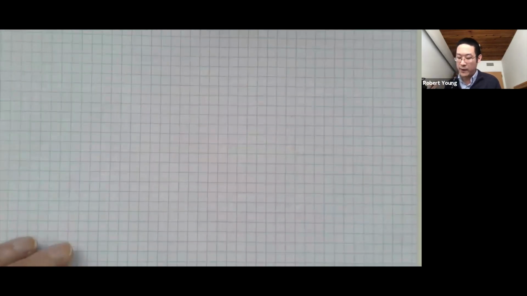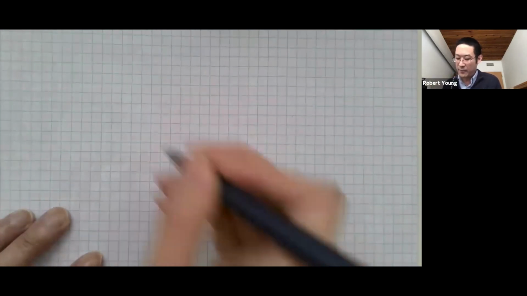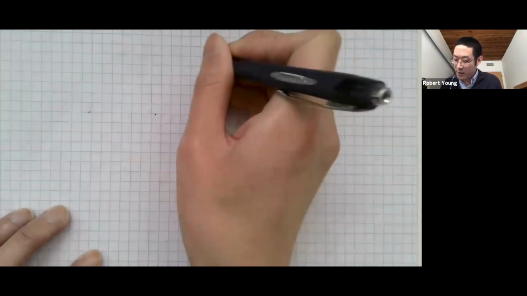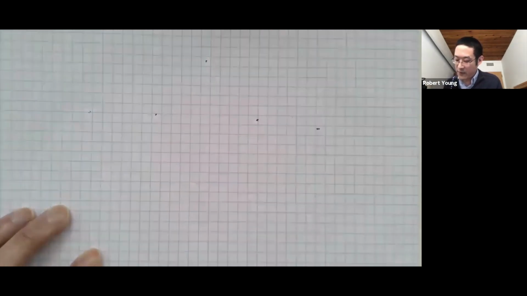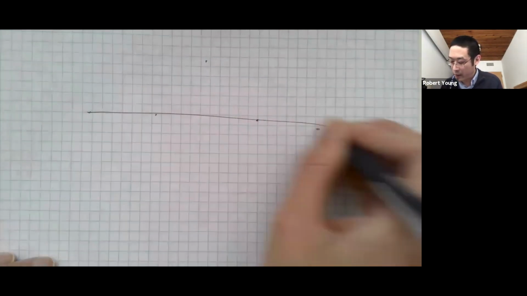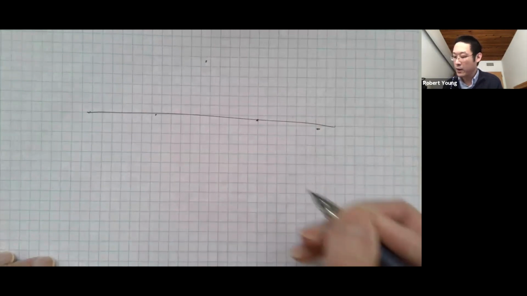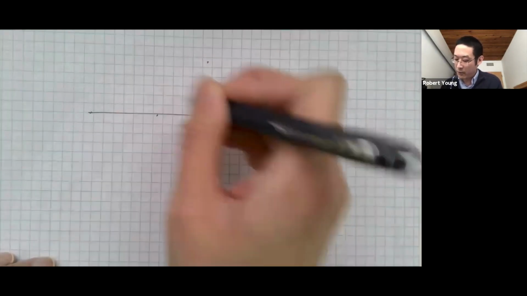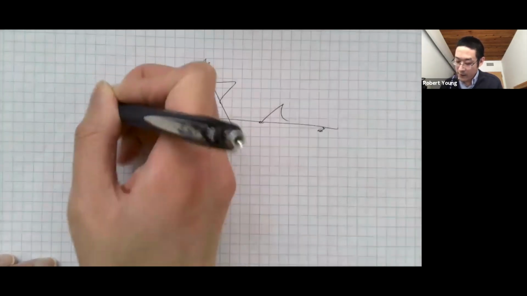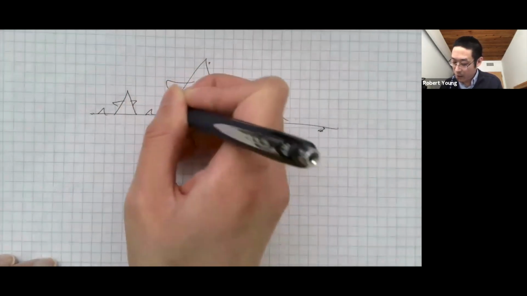Rectifiability, like I said, is really an infinitesimal phenomenon. So if you construct a set, you can make it rectifiable, but it can also be a very complicated set. The standard example is the Koch snowflake. I start with a line, I add an equilateral triangle, and then triangles on the sides of that, and then triangles on the sides of that, and so on.